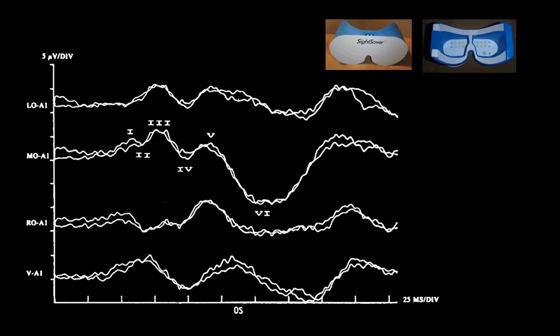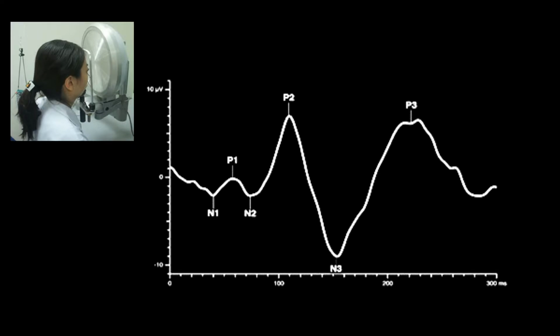When goggles are used, the waves look rather different and are usually labeled in a numerical order using Roman numbers. This numerical order corresponds to the order in which the different peaks appear in the normal adult. When a Ganzfeld stimulator is used, the waves are most of the time labeled with the letter P for those going up, followed by the number 1, 2, and 3 according to the order they appear in the normal adult.